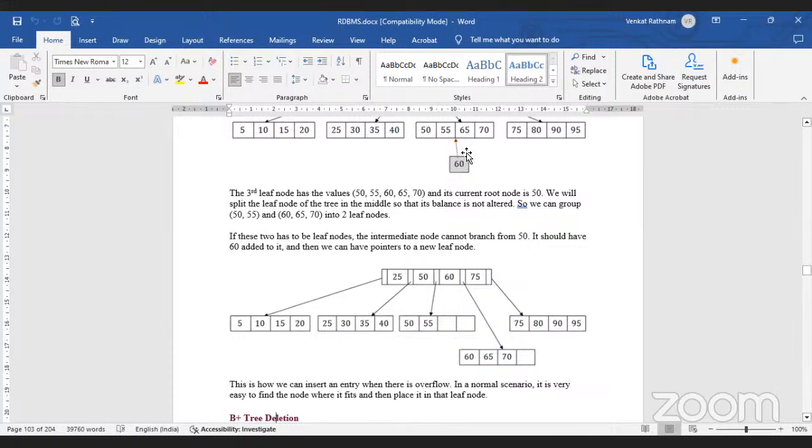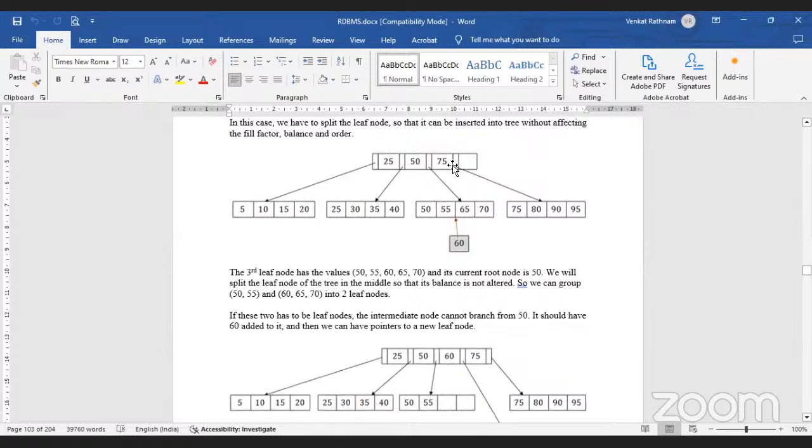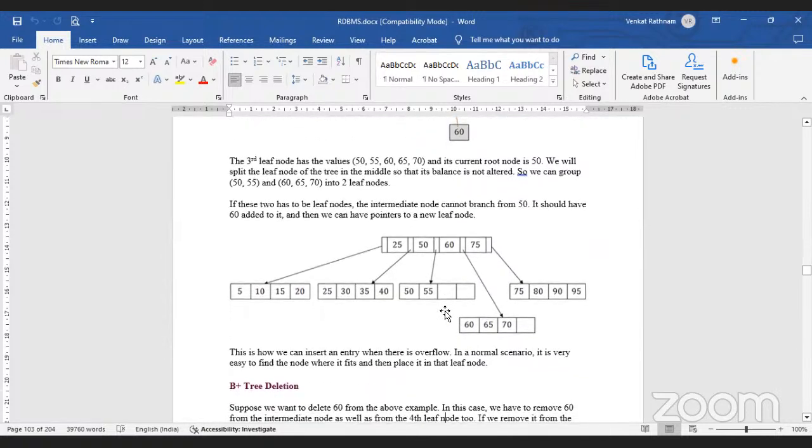So if you want to add it here, you have to divide this leaf node into two parts, and again add one more node to the root node. Here we have only three. You have to add one more here, 60. That is the fourth one. Then you can easily balance your B plus tree.